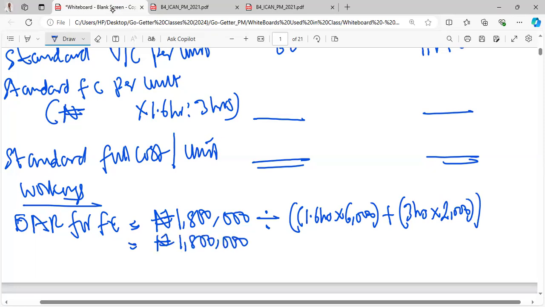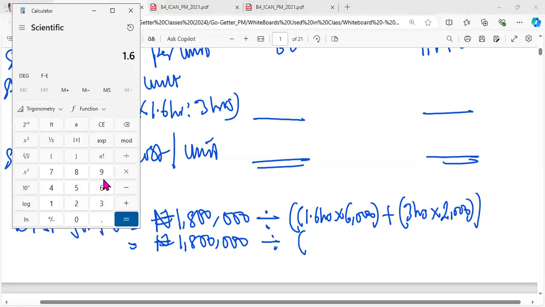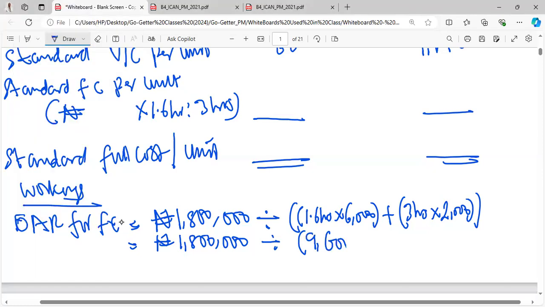So this will now be like 1,800,000 divided by 1.6 times 6,000. That will give me 9,600 here. This is 9,600 plus 3 times 2,000 is 6,000.